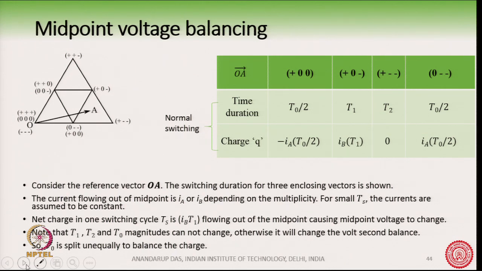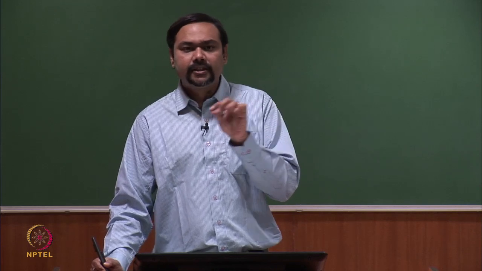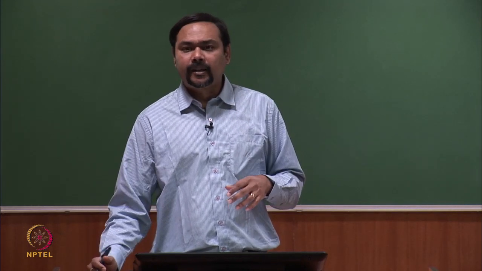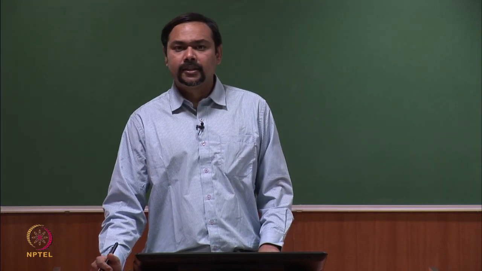If you apply the zero vector for a certain duration of time, whenever the I0 is applied, then that amount of charge is either taken from the midpoint or inserted into the midpoint. So, there it will cause a fluctuation. Therefore, if you increase the size of the capacitor, the fluctuation in the voltage can be minimized.